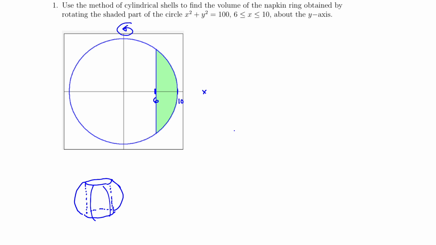Instead of cutting perpendicular to our axis of rotation, they're telling us to use cylindrical shells and cut parallel to our axis of rotation. So your cylinder is sitting like this around here on the side. You have all these cylinders that come around.